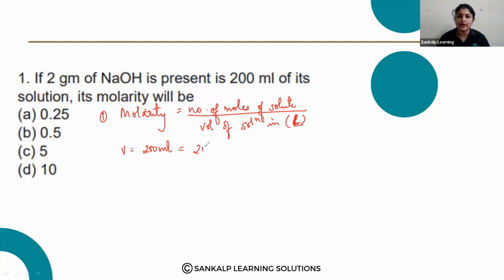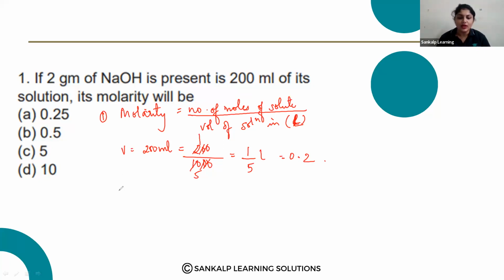So 200 ml divided by 1000 gives 1 by 5, because 2 ones are 2, 5 twos are 10. So it is 1 by 5 liters, which equals 0.2 liters.